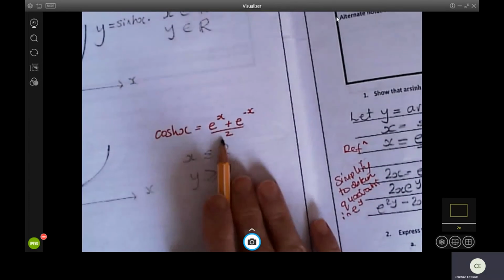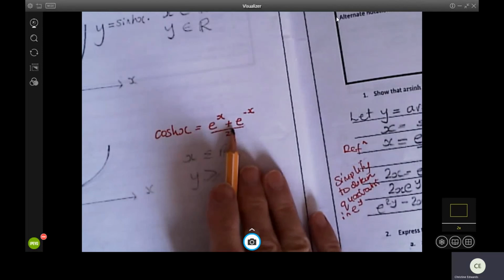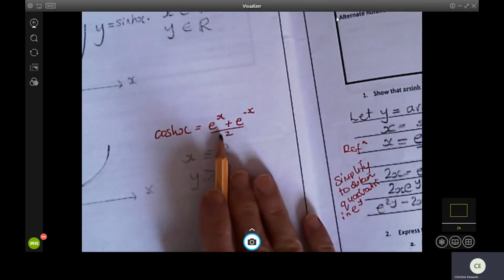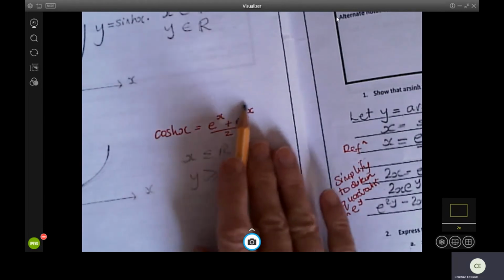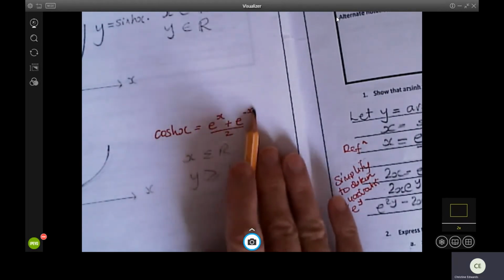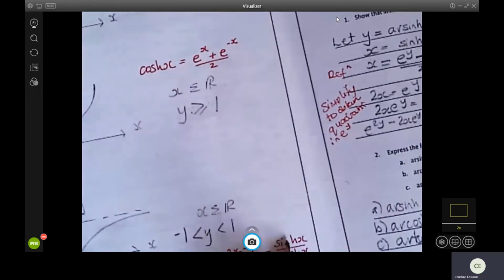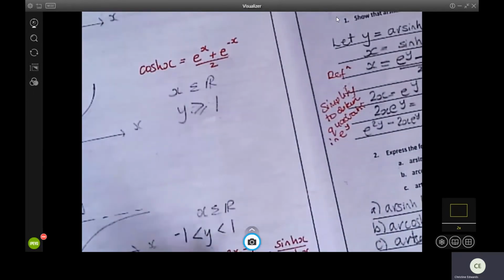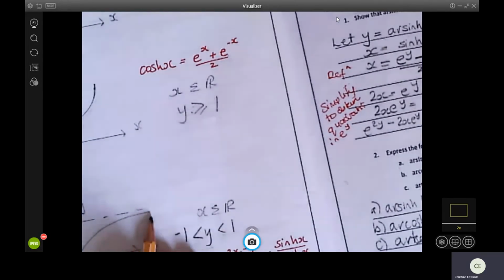Likewise, as x tends towards infinity, the value of cosh becomes e to the x over 2, as this term will tend towards 0. Therefore, I'm dividing e to the x over 2 by e to the x over 2. So as x tends towards infinity, the value of the graph tends towards 1.